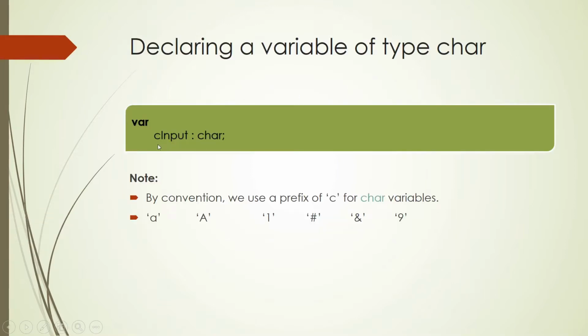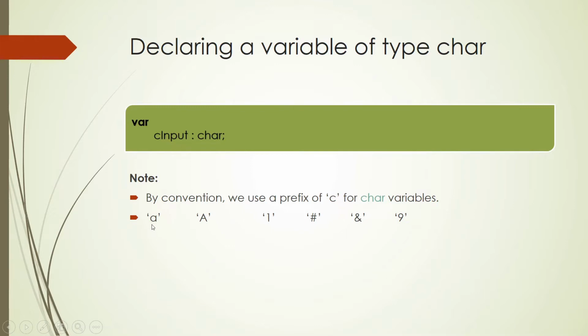So we all know that we can declare a character variable, that is, a variable of data type char. Note, we do not say character, but instead the data type is char. By convention, we use the prefix C when declaring a character variable.